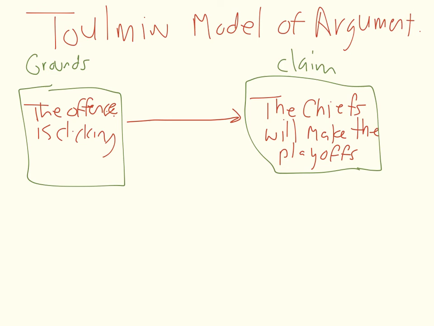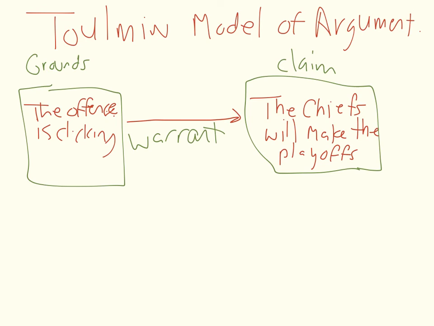So on these grounds, I have to make an assumption to support the claim. When somebody just tells you the Chiefs will make the playoffs because the offense is clicking, you have to connect the offense clicking with the Chiefs making the playoffs. This connection is what we call, and I'll put it in green, the warrant. Okay?